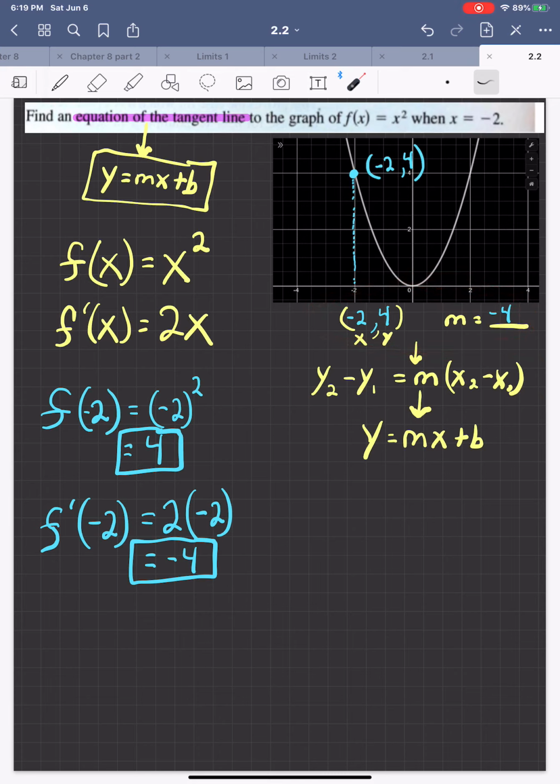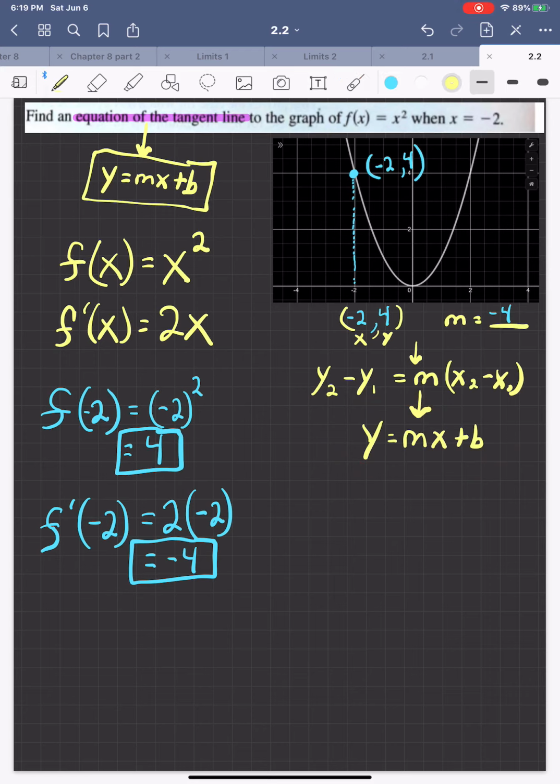Let's proceed. We're going to take this information, plug it into this formula, and then simplify it to get the equation of the line. All right, let's go ahead and do that now.